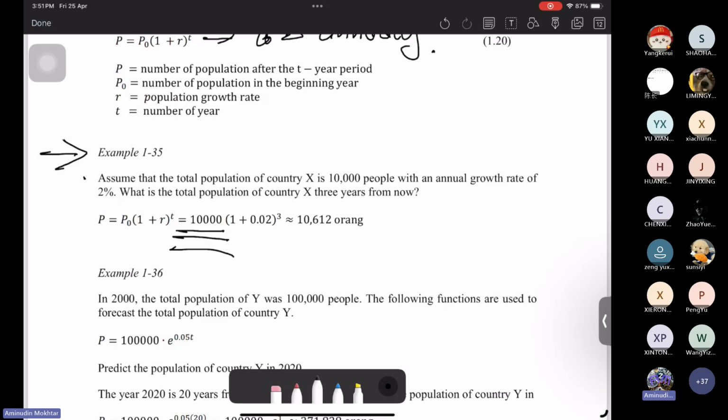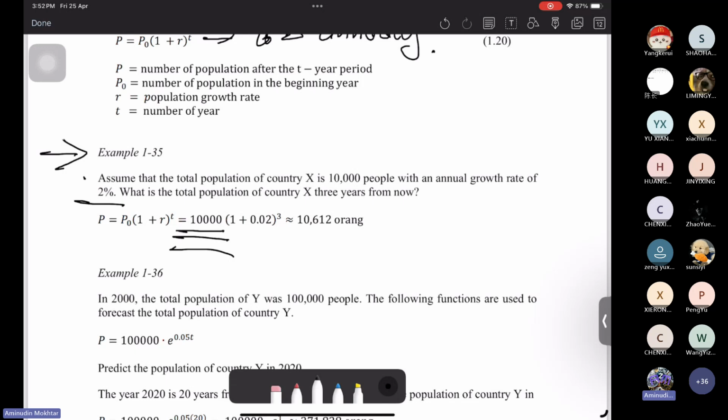In this case, we assume that the population grows by 2% per year. So the initial population is 10,000. The annual growth rate of the population is 2%, given in the question.